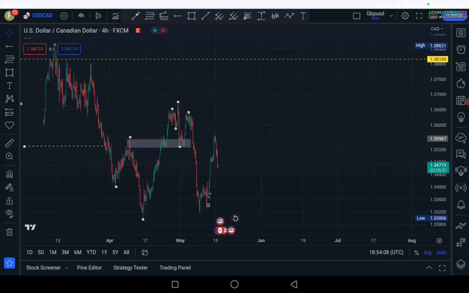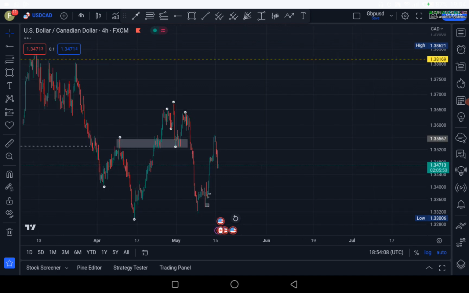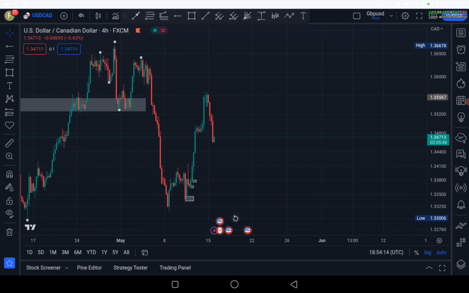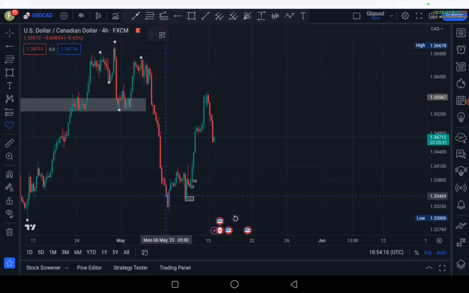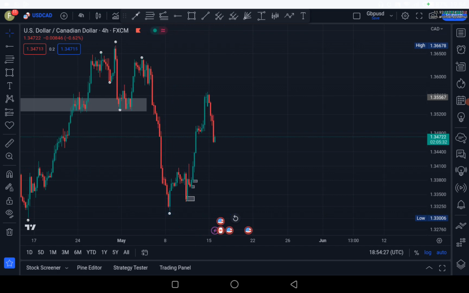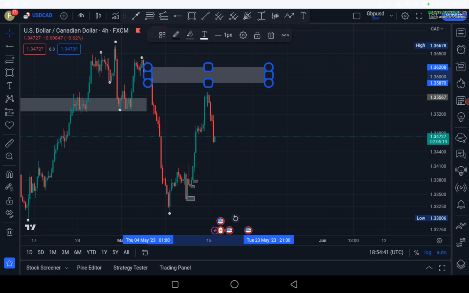Now on the 4-hour time frame, we are bearish on USDCAD. So I was thinking that there is going to be a reversal around here. Oh, very close, but it did not happen.